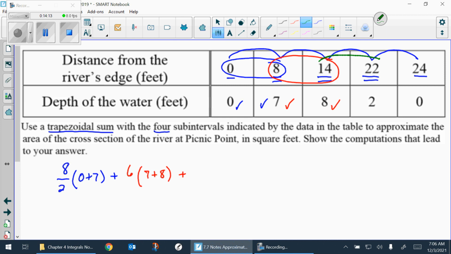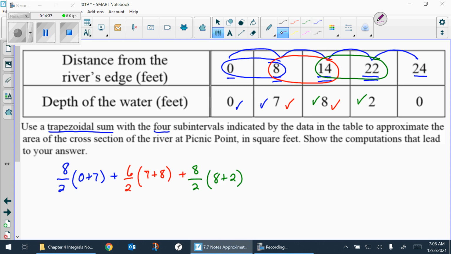Third trapezoid, change in x. Missed that one. Change in x again is 8. Height 1 plus height 2. Or base 1 plus base 2.